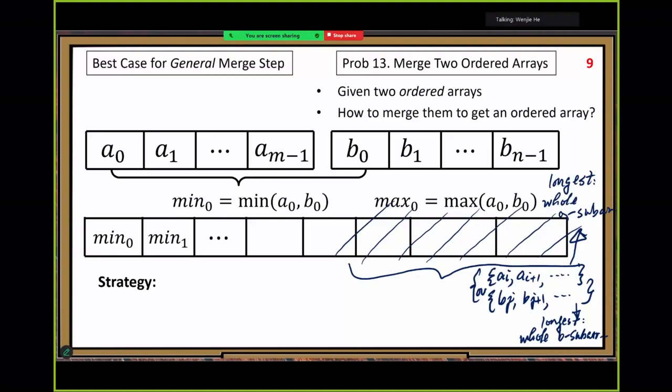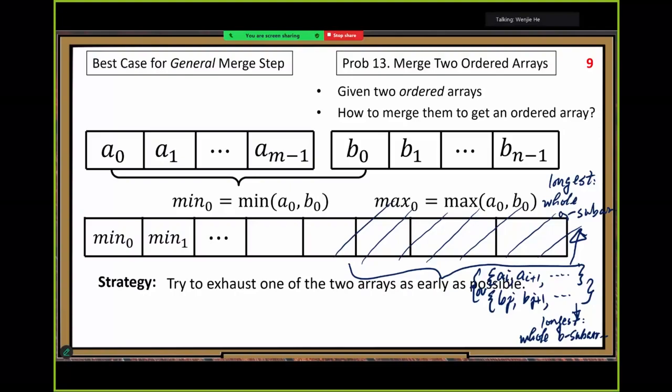So you have these two cases you can consider. Try to exhaust one of the two arrays as early as possible. When you use the first element of A subarray to beat all the elements in B subarray, that means you already put all the elements of B subarray in place as early as possible.